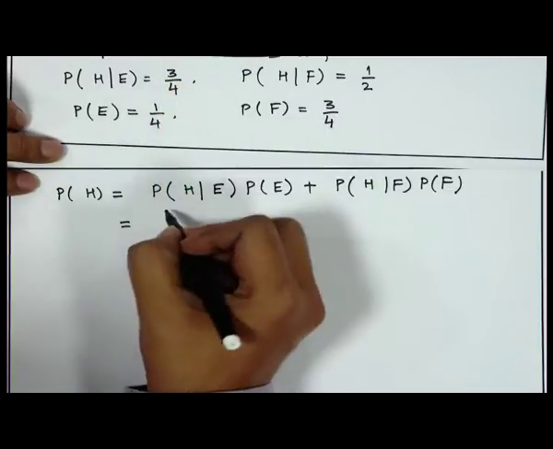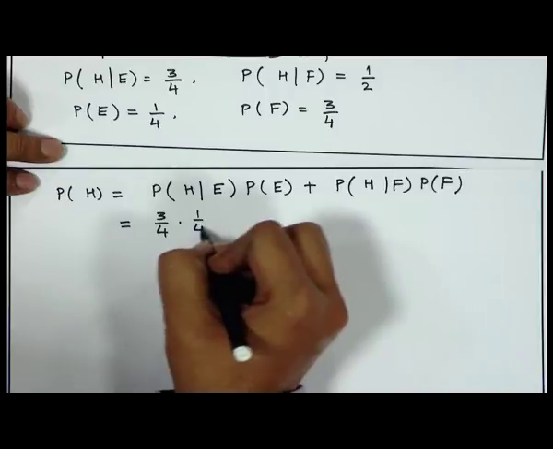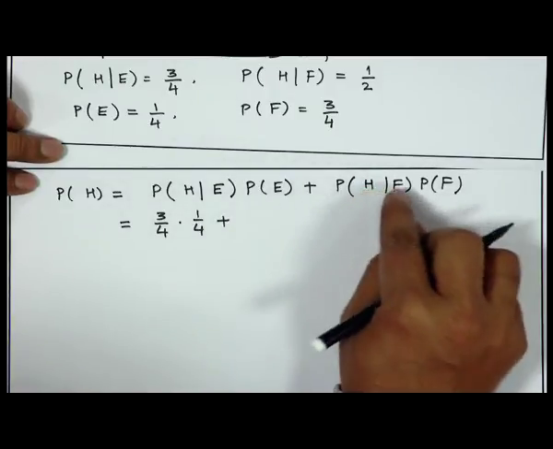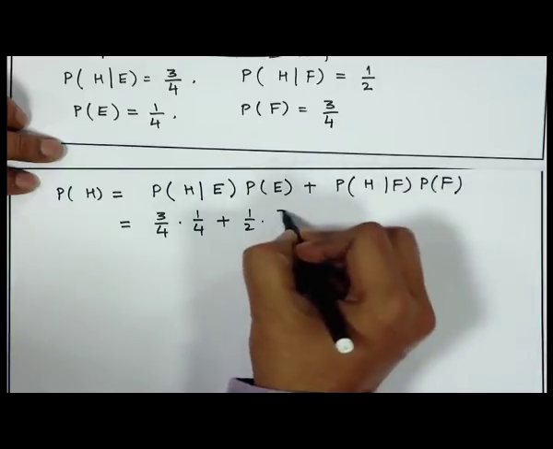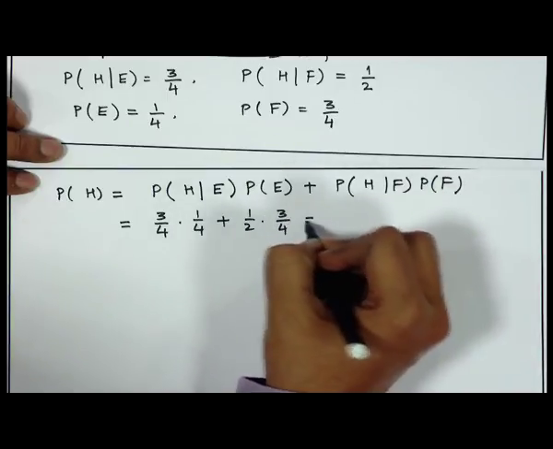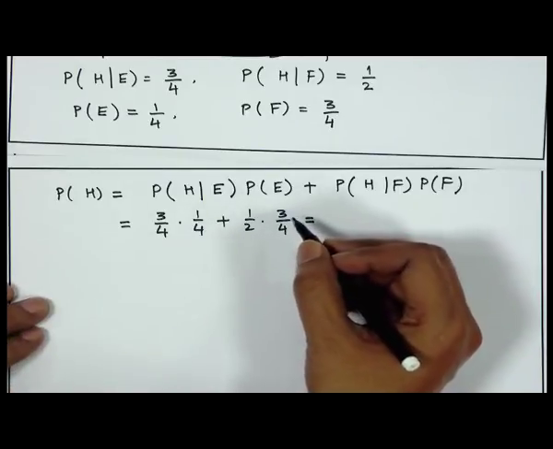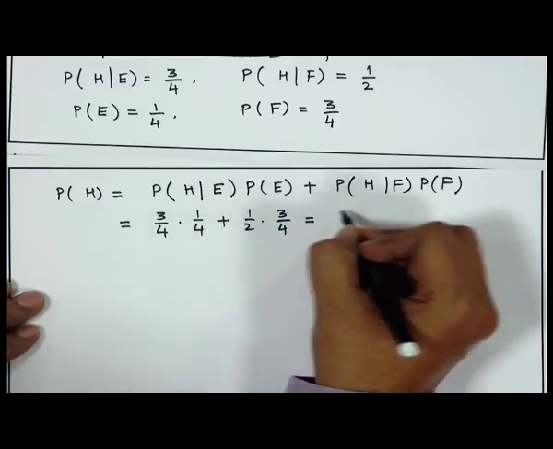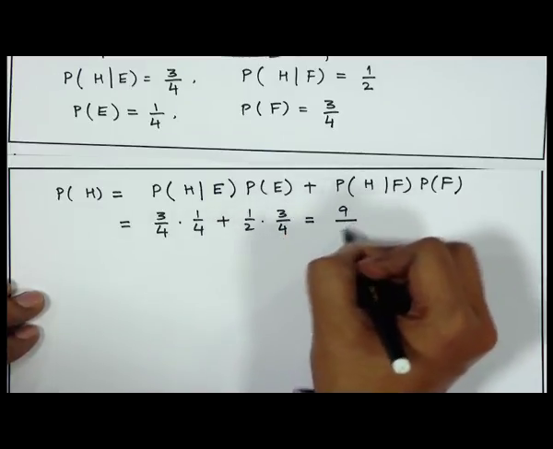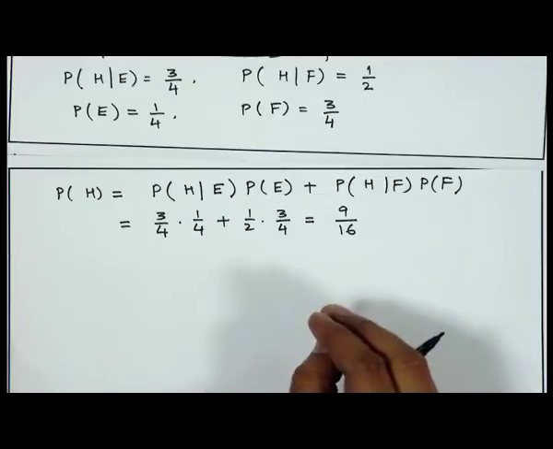Probability of H given E is 3 by 4, probability of E is 1 by 4, probability of H given F is half and the probability of F is 3 by 4. So, we can just calculate these values, it is equal to 9 by 16. So, the probability of head ultimately is 9 by 16.